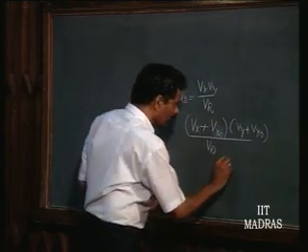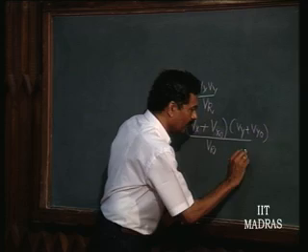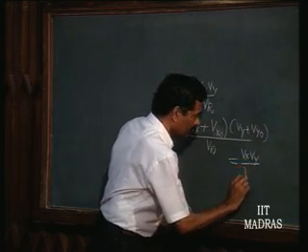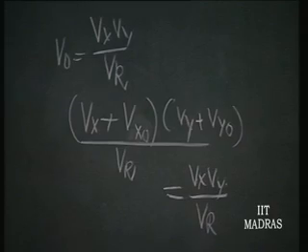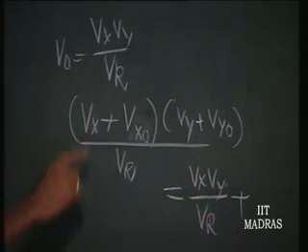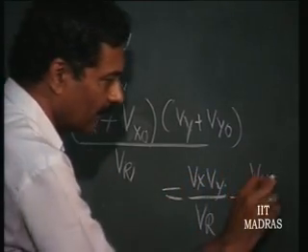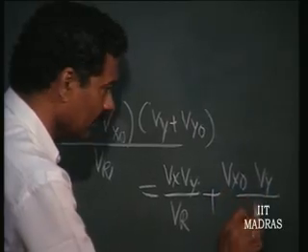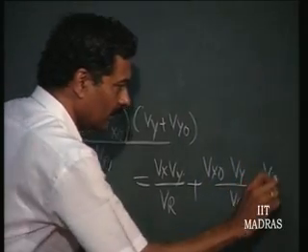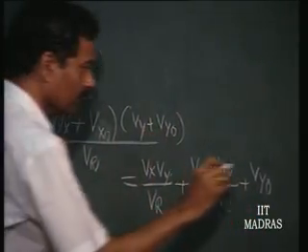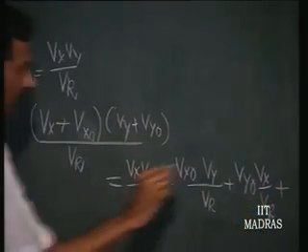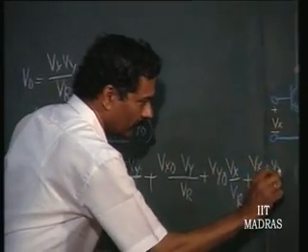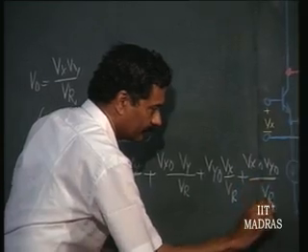Later you will get an output which is going to be, let us say, V x V y by V r, wherein V x and V y can go both plus and minus 10 volts, plus V x naught into V y by V r plus V y naught into V x by V r plus V x naught V y naught by V r.